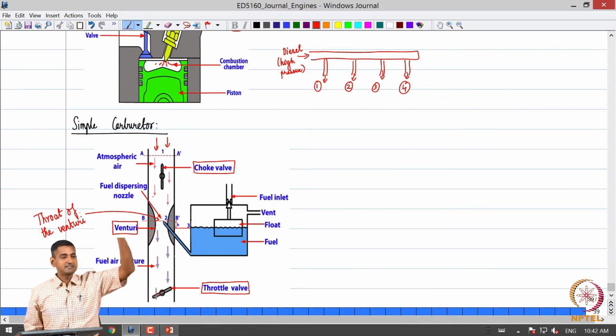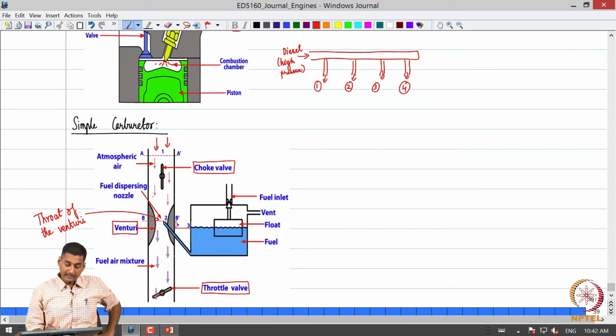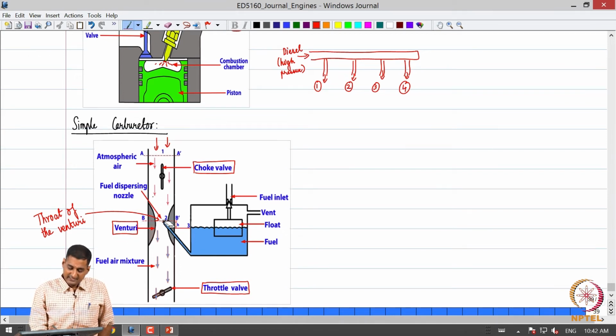Now, air is coming into the carburetor and passes through the venturi. As it passes through the venturi, because the cross section drops, the pressure drops and the speed increases, and the pressure drop becomes the highest at the throat section, where the speed will be the highest.